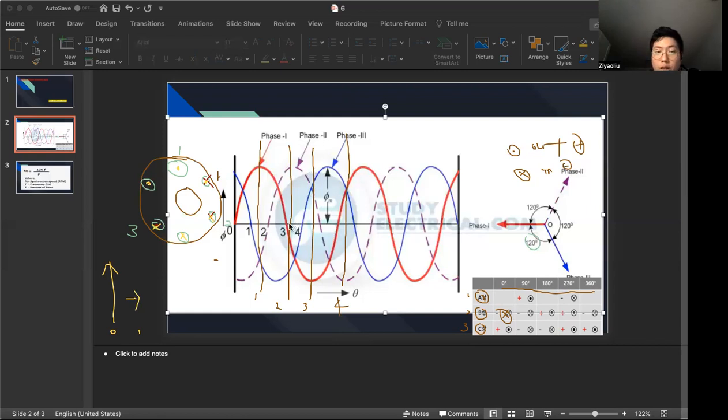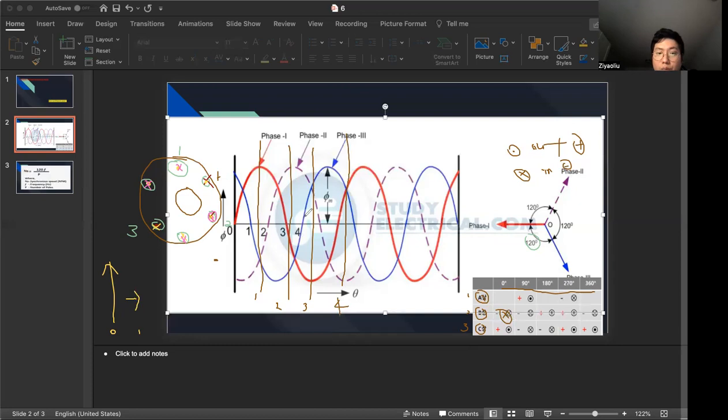Now this time, what happened at 180 degrees, this part? Phase 1 is 0, right? So we ignore it here, and then 180 degrees here, right? And then only phase 2 is plus, right? Phase 2 is plus, which means out. Phase 2 here means out, right? Which means the other part, the return, is X, right? In, out, right? And phase 3, where is it?